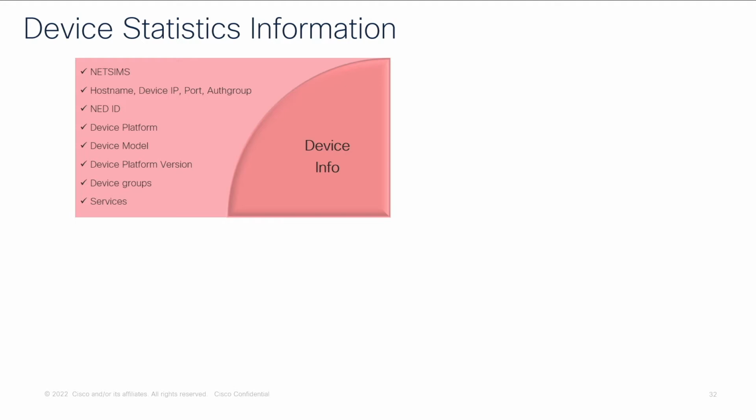And then for each device, the host name, IP address, port, auth group, and the NED information. We also gather the platform information, the model, platform version, how many groups and how many services for this device. This is the first category, gathering the information of the device.